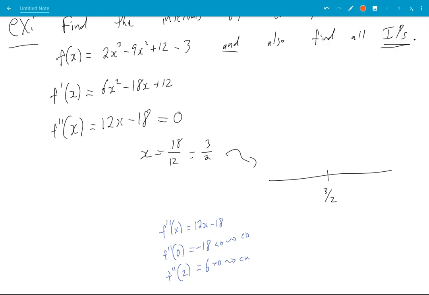So what do we get? Our test point 0 gives me a negative second derivative. So we have concave down here. And then for 2, I got concave up.